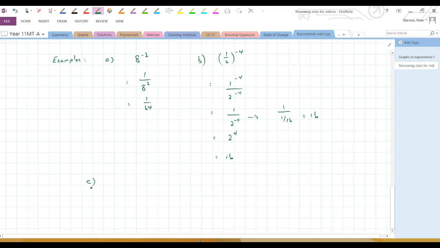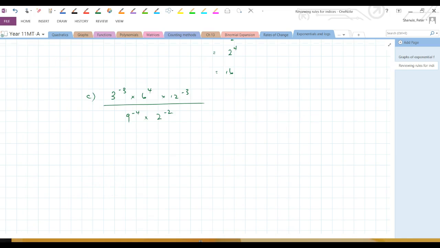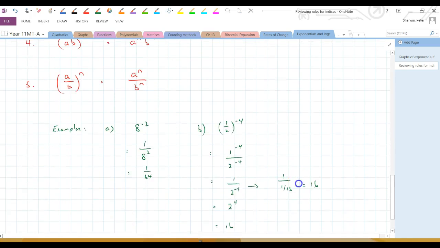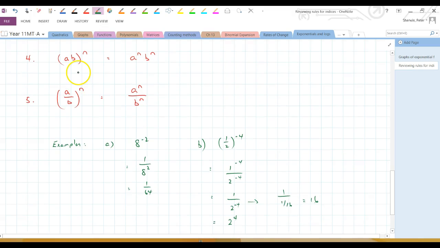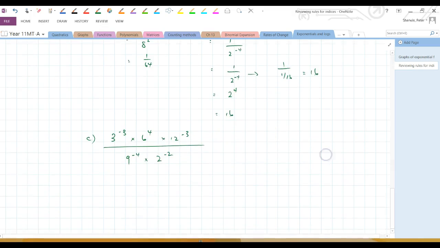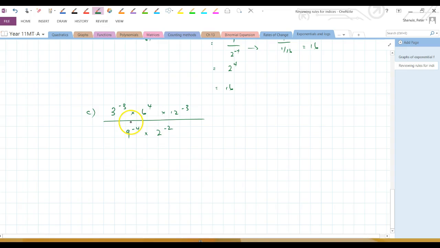Okay, have a look at another example. I'll just write this out. In this example we're going to use both 4 and 5, but primarily 4 to start things off. Now I've got bases of 3, 6, 12, 9, 2. This is not good, but what I can do is use this rule here, ab to the n equaling a to the n, b to the n.